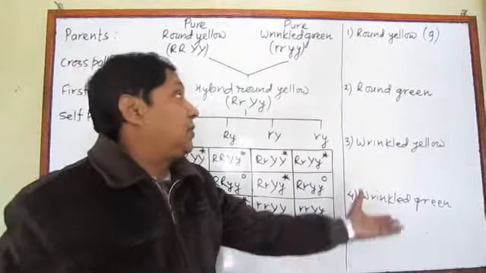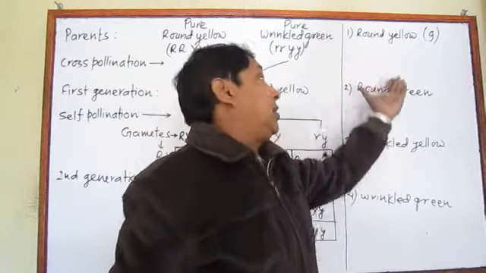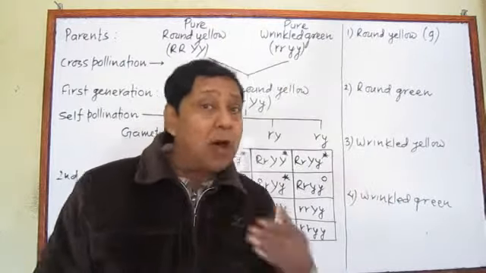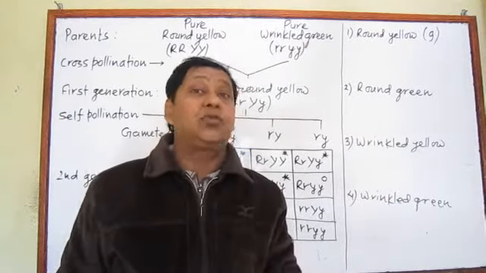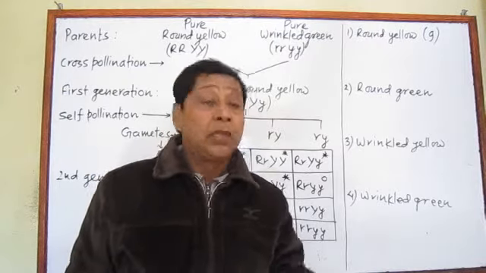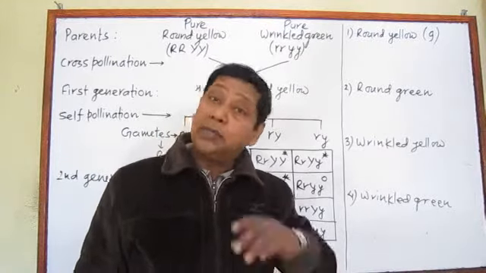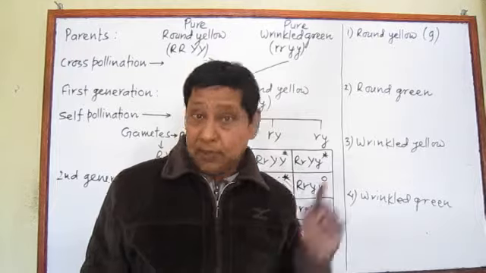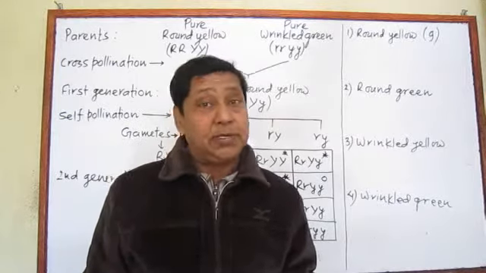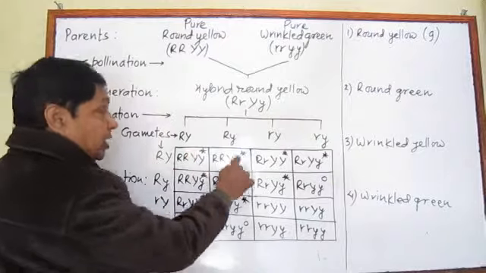There are four different phenotypes: round yellow, round green, wrinkled yellow, wrinkled green. To be round yellow, one of the R should be capital at least, or both R may be capital. And to be yellow, one of the Y should be at least capital in the gene, and maybe both the Y capital.